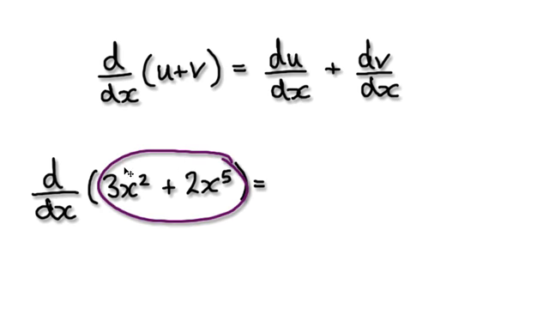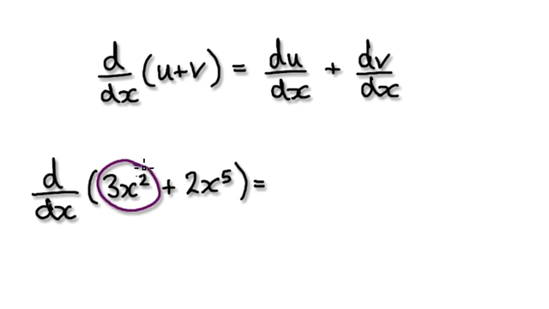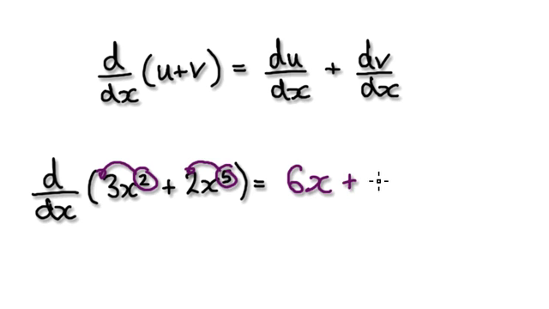Then you can just concentrate on differentiating this one, which will be, remember, this goes down here, so it will give you 6x, and then the 2 gets minus 1, so that will leave you with x to the power of 1, which is just x. So now this one here, this times this, would be 10x to the power of 4.